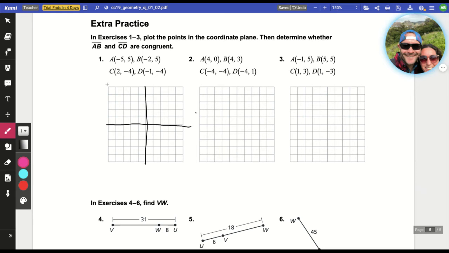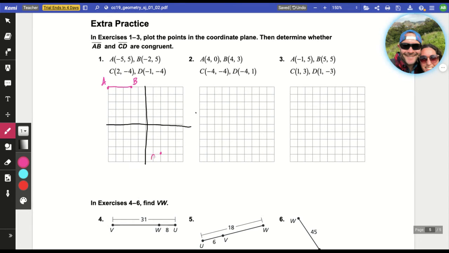Okay, so point A is (-5, 5). So you start at 0, you go -5, 5. There's point A. Point B is (-2, 5). So (-2, 5) is there. So this is segment AB right there. And then C is (2, -4). So 2 to the right and -4.